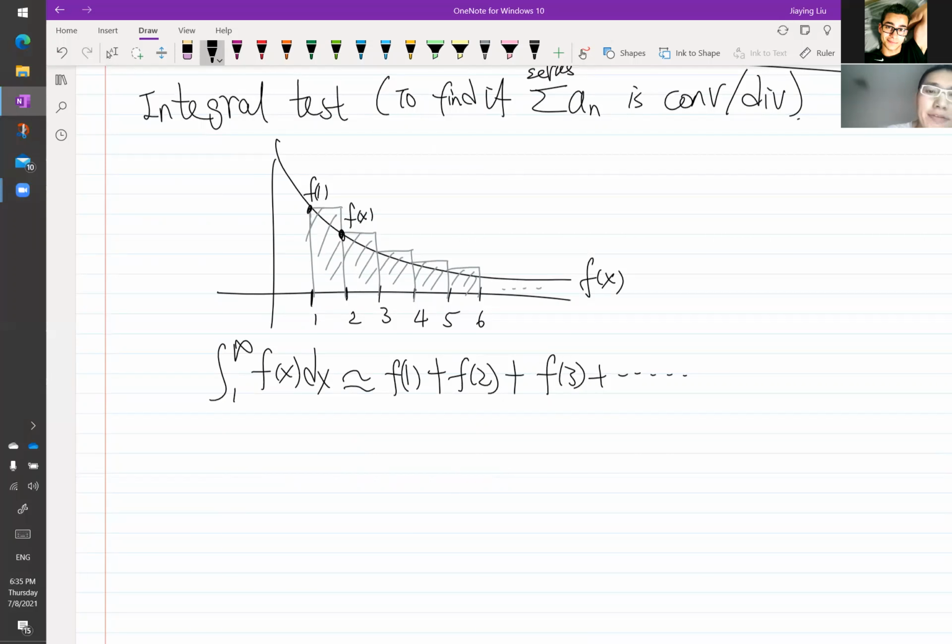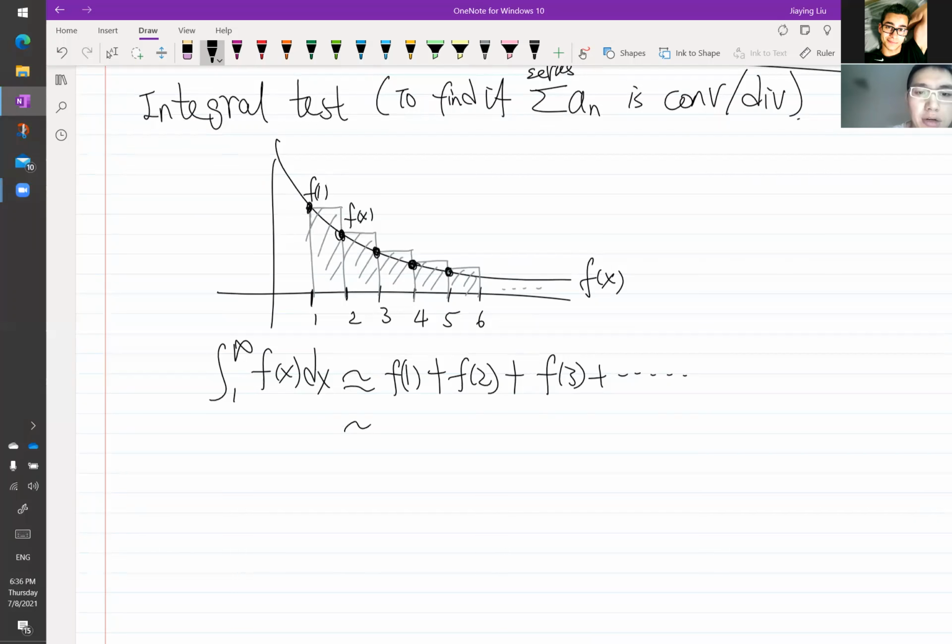f1 is the first element in the sequence, f2 is the second number in the sequence, f3 is another number in the sequence. So we take all those y values and make a list of them as a sequence.